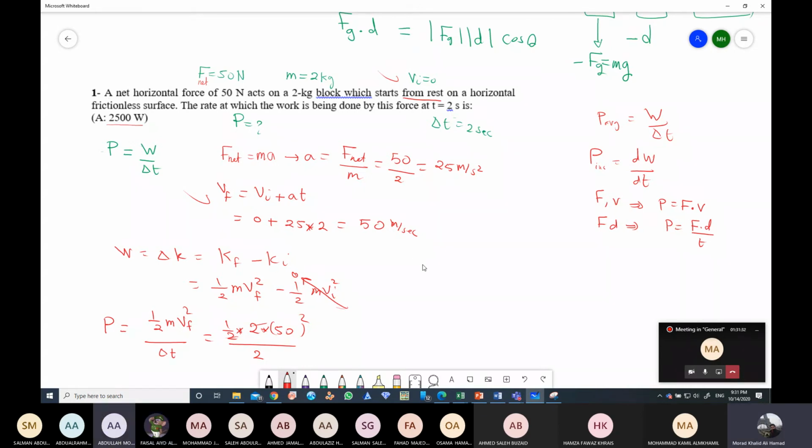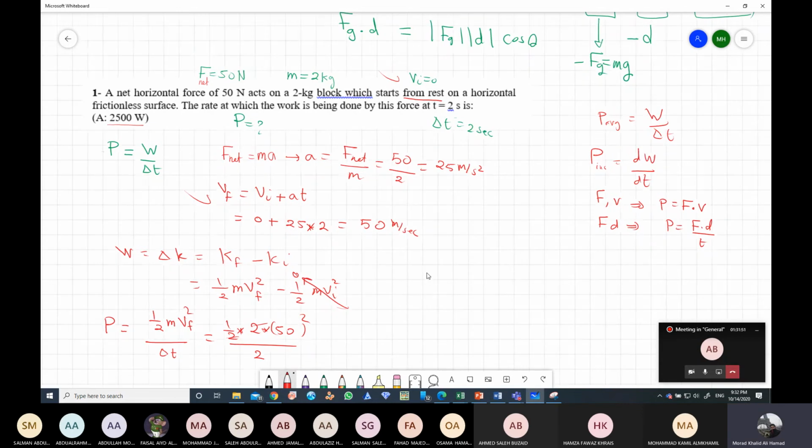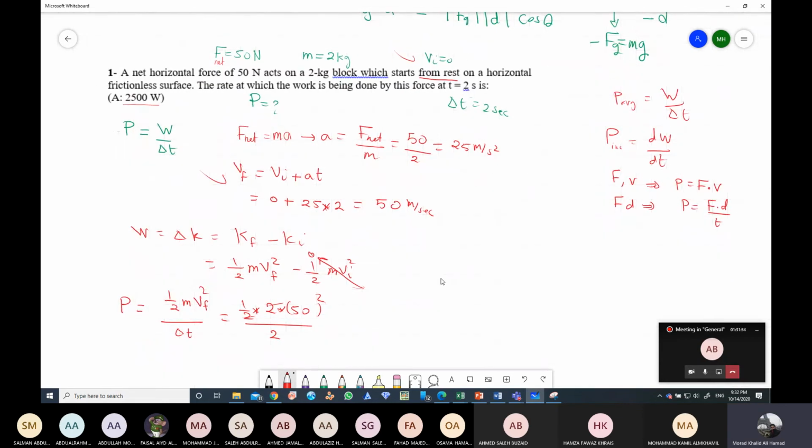I doubt it. Okay, Doctor, the law that says P equals F multiplied by V, what is the theta between them? Can you find the theta between them? They said it's horizontal. Okay, I will check it.